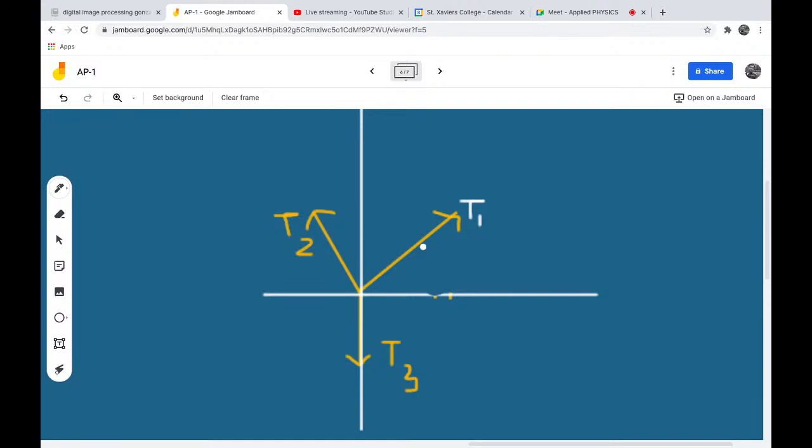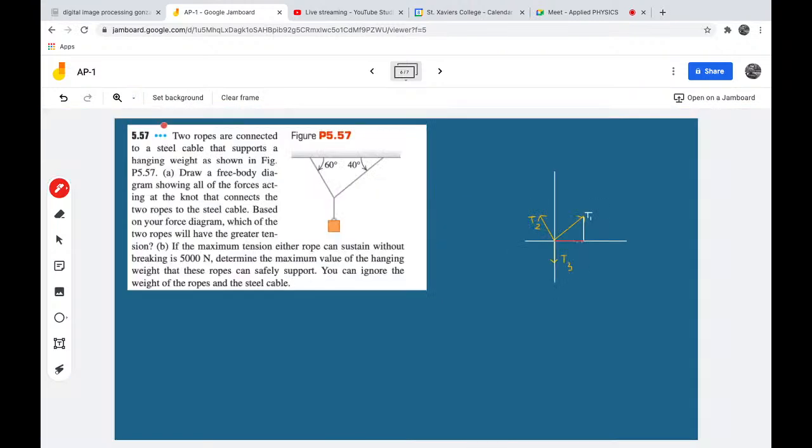How do I do it? So you are all familiar. Drop a perpendicular, and then this becomes my component over here. Now let me check the angles.